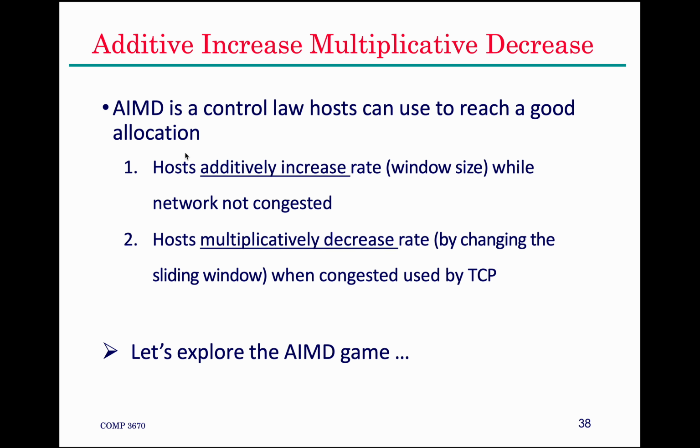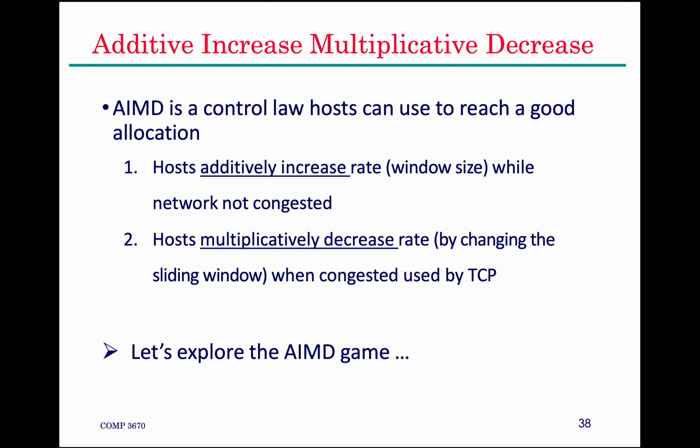Please ignore this line because there seem to be some grammatical mistakes here. So hosts additively increase the rate, i.e. the window size, while the network is not congested. Okay, so what does this actually mean? Well, what this means is that the host has no idea what's going on in the rest of the network, in terms of the transport layer, in terms of the TCP protocol.